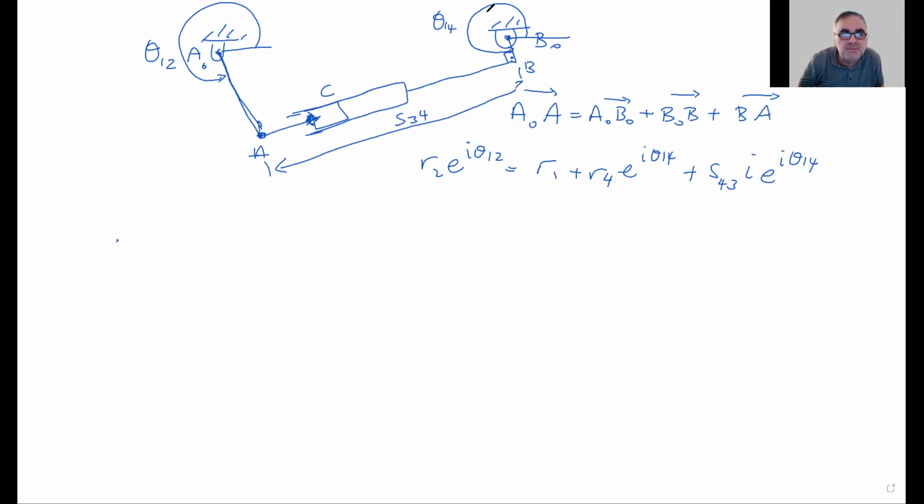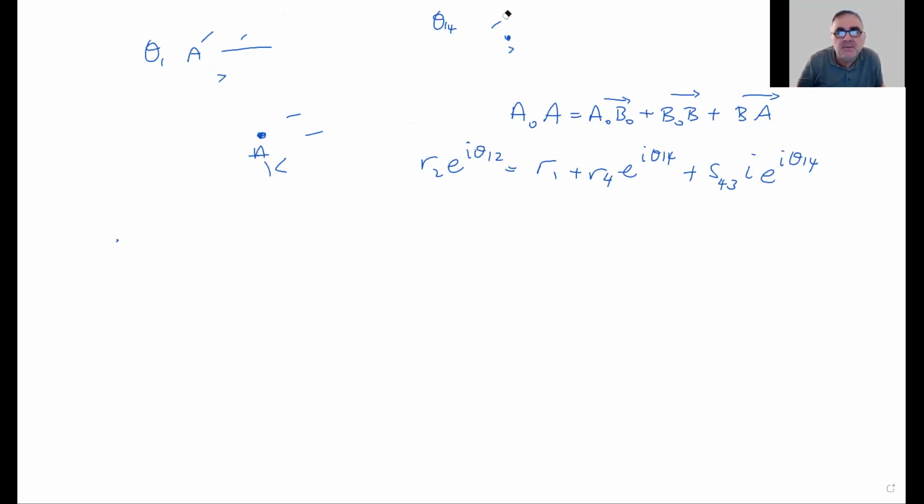There is a difference between this one and that one. Since I cannot copy this, this is a real pain. Let me try to draw it properly.